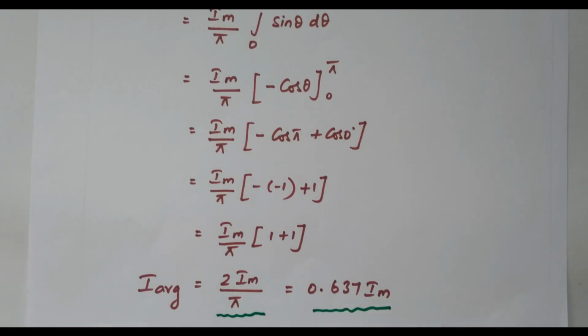But in the average value, what is the disadvantage? We have one positive cycle and one negative cycle. If we add the positive cycle and negative cycle, it becomes 0 because of polarity. One is plus, one is minus, so while adding these two, we get 0. For that, we can go to the root mean square value, the RMS value. That is, the current is squared.